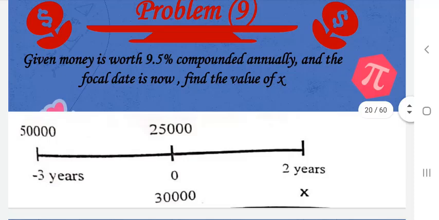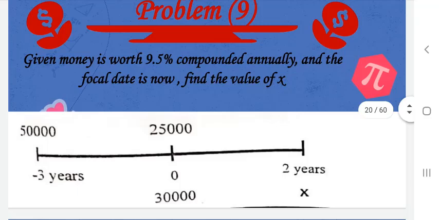The main formula, O1 plus O2 equal N1 plus N2, again, amount or future value for $50,000 plus $25,000 equal $30,000 plus present value for X. Note that the nominal rate 9.5% compounded annually, so J equal 9.5% and I the same, and because M equal 1 you can get N for obligations.